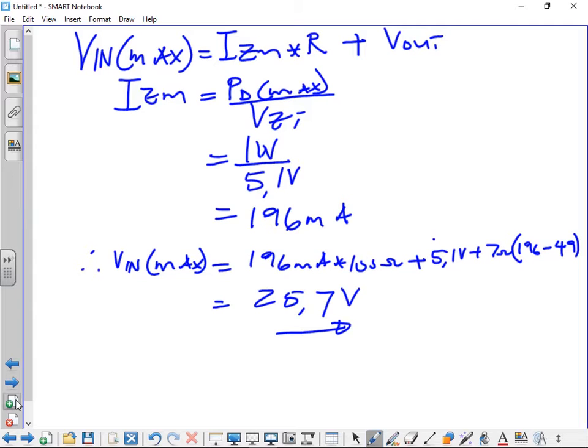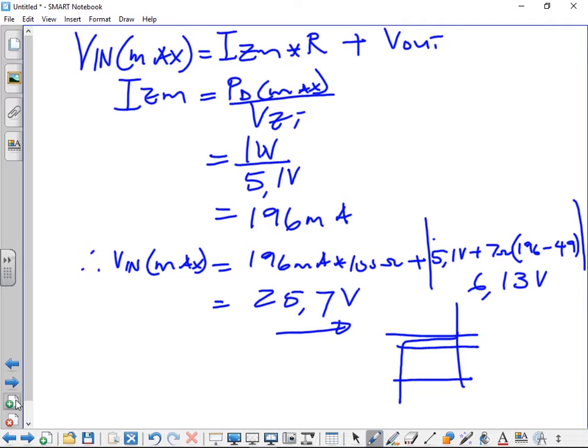So there is a variation of your input from 25 to 4,86, whereas your output was only 4,76 to 6,13 volts. So it shows that for as long as this variation is maintained, your Zener will be able to stay within the constraints of your regulation.